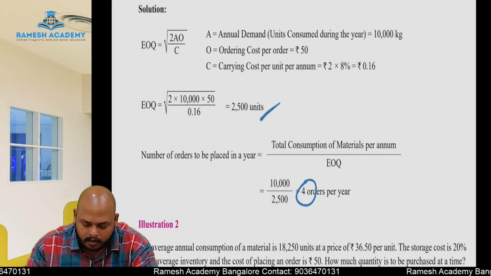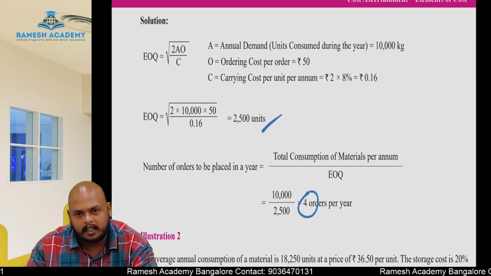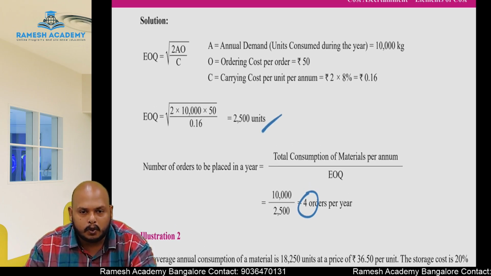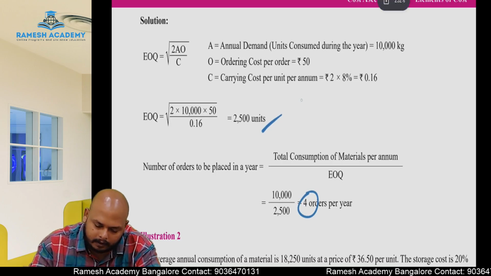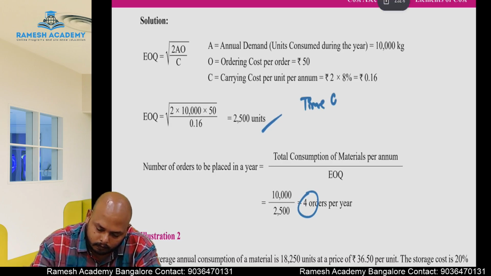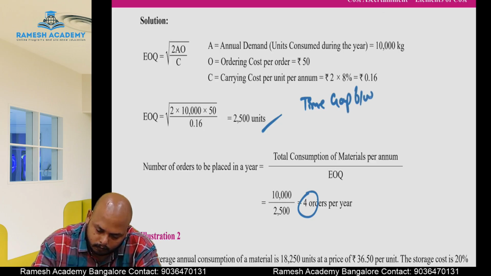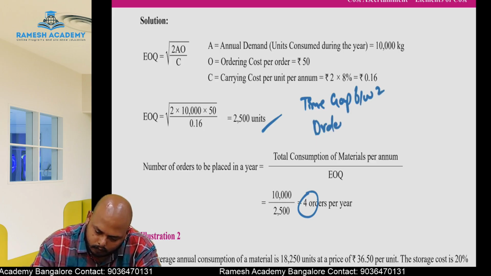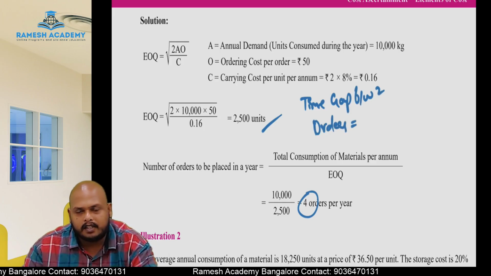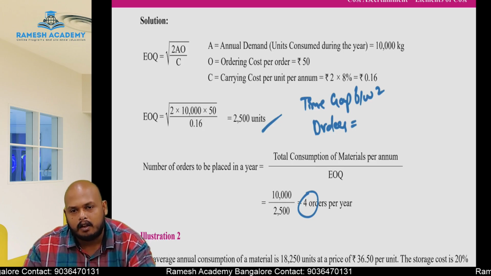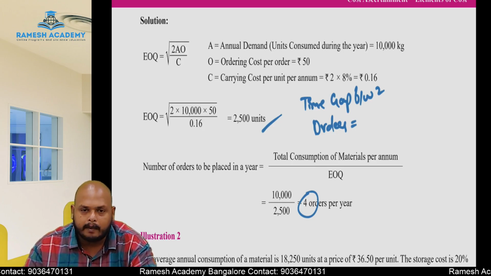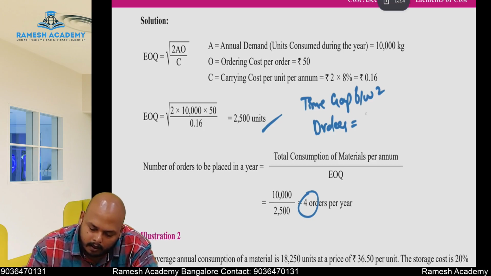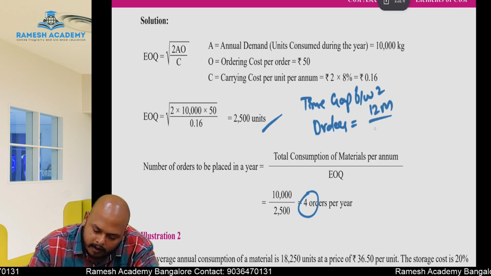Suppose in the given question, he is asking what is the time gap between 2 orders? He did not ask this question here, but suppose in the exam he asks it. Time gap between 2 orders is equal to 12 months divided by 4.